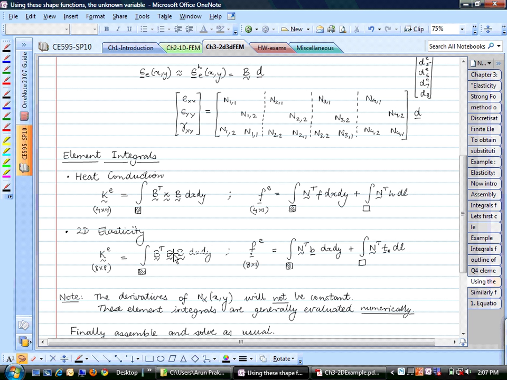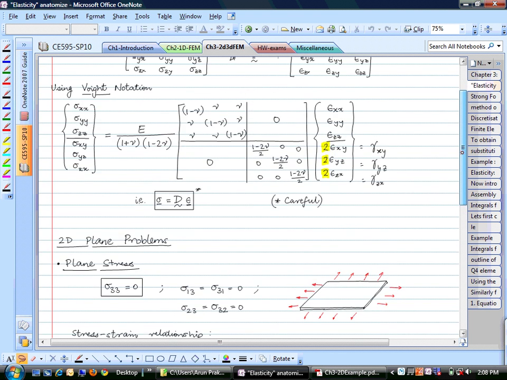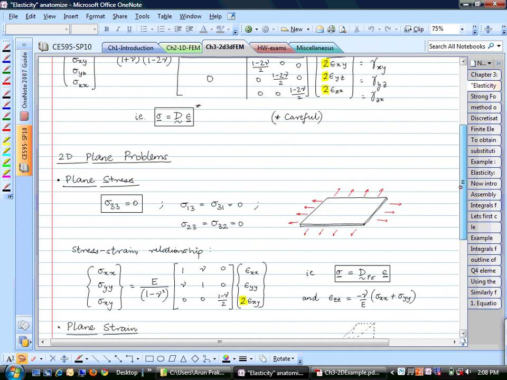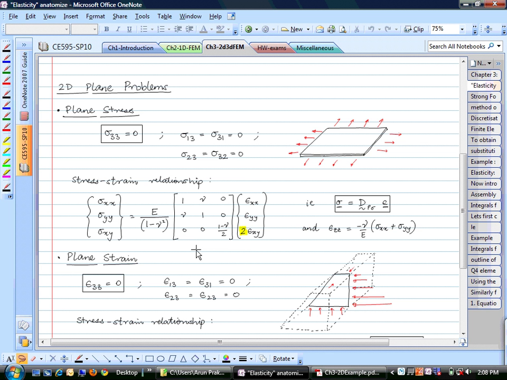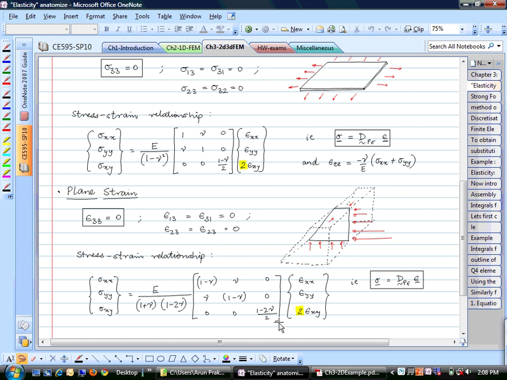D matrix, some of you actually asked me even last time, this D matrix is the elasticity matrix that we had introduced in the very first lecture here. So for example, if you have a plane strain or a plane stress problem, this thing is your D matrix for a plane stress problem, and this is a D matrix for the plane strain problem.